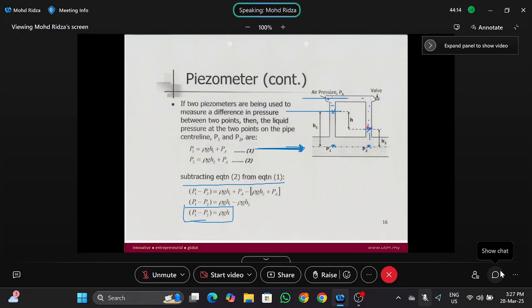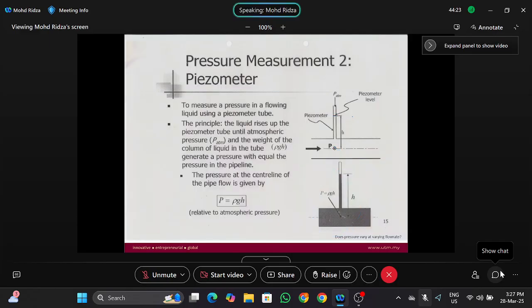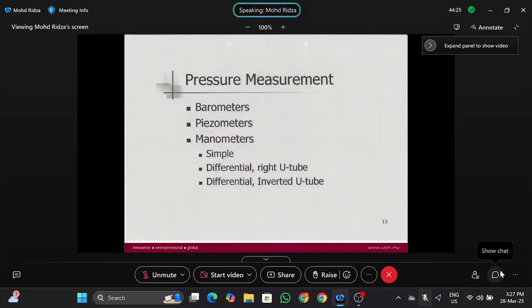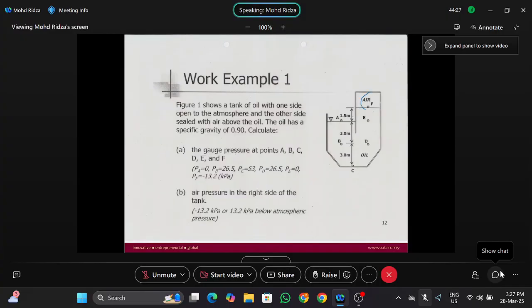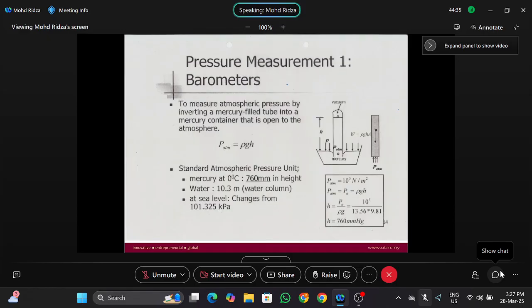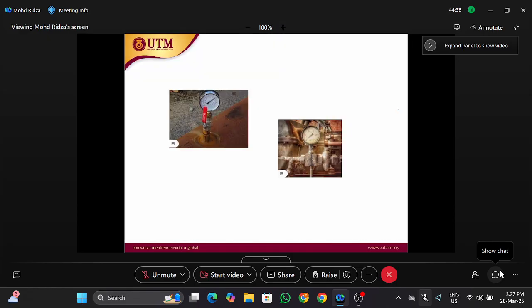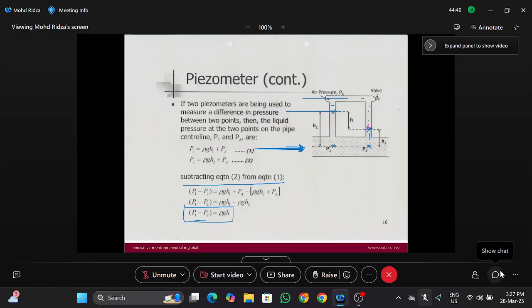So the question is why they assume the air pressure is the same even though the elevation is different. It's the same question I asked before for this example. The same explanation applies for both. So again, if you have the answer, you can WhatsApp me. If you have any question, you can ask by just turning on the mic.